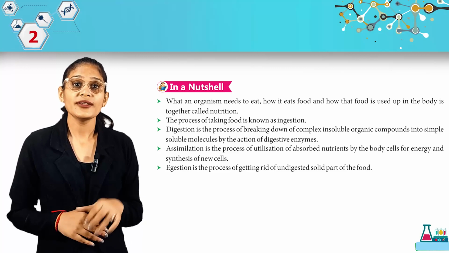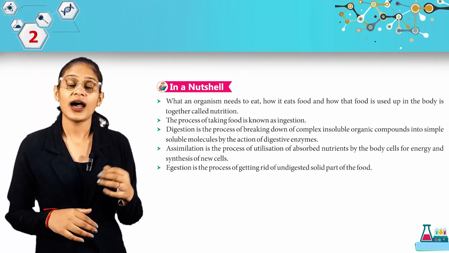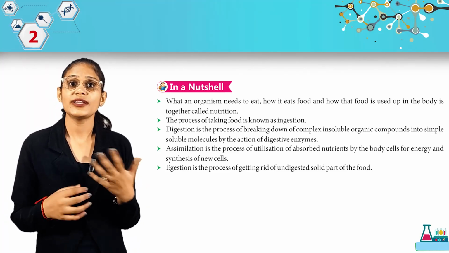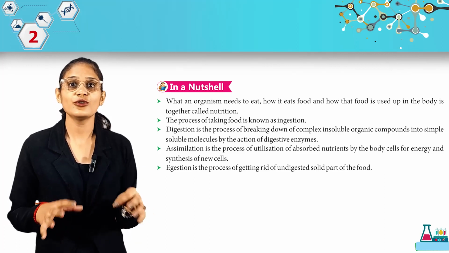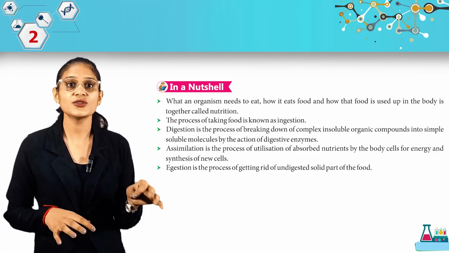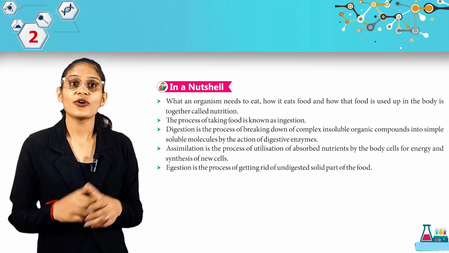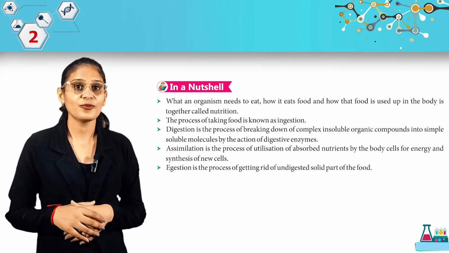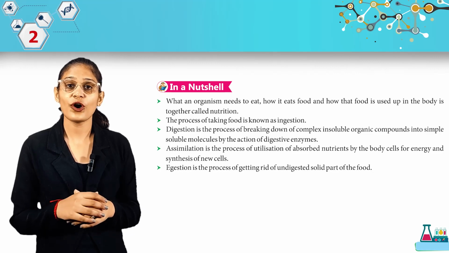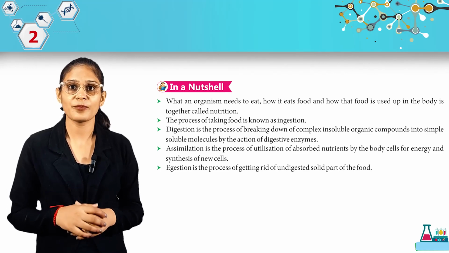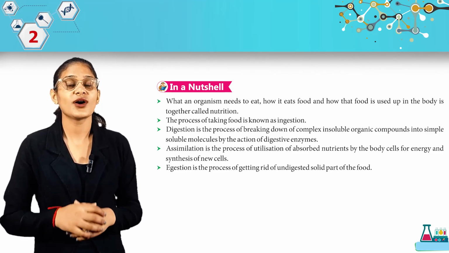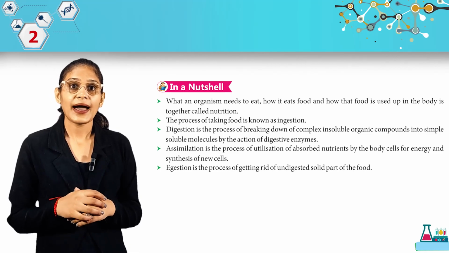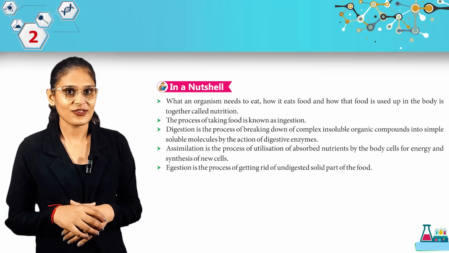Here, what an organism needs to eat, how it eats food, and how that food is used up in the body is together called nutrition. The process of taking food is known as ingestion. Digestion is the process of breaking down complex insoluble organic compounds into simple soluble molecules by the action of digestive enzymes.